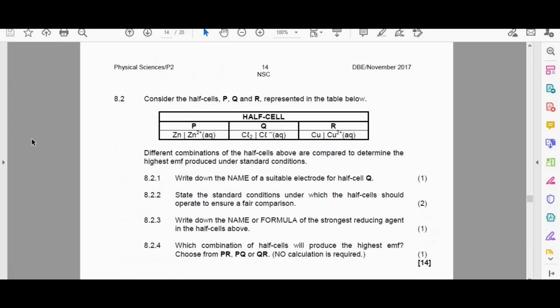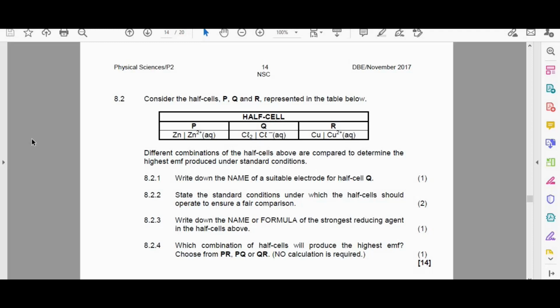8.2.3, again a 1 mark question: write down the name or formula of the strongest reducing agent in the half cells above. Here we go to our table of standard reduction potentials and find the answer.